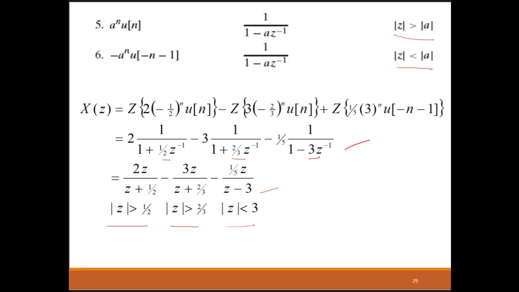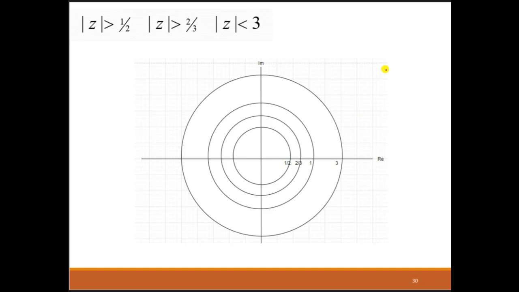Right, and then what you do is you draw the Z plane. Okay, so you draw your imaginary axis, your real axis, and then you draw your unit circle. Okay, unit circle first, and then you draw the first pole, 1 over 2, then you draw the second pole, 2 over 3, this is how your Z plane looks.